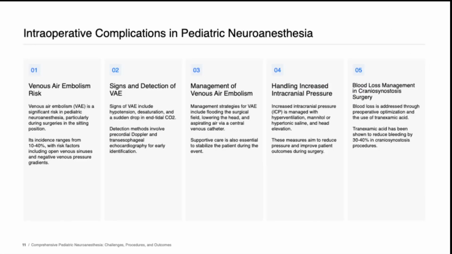And then remember the other issue, which I've been over, but just to mention again, because it can be so catastrophic and scary, is blood loss and management of that bleeding during craniosynostosis surgery.